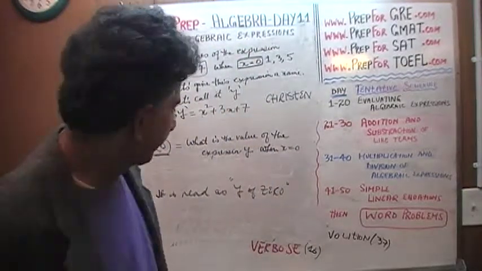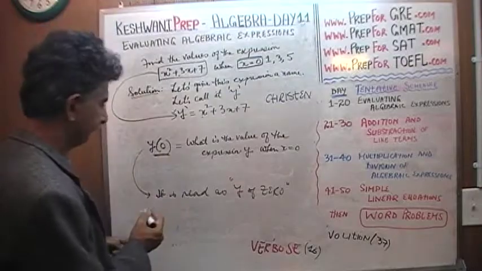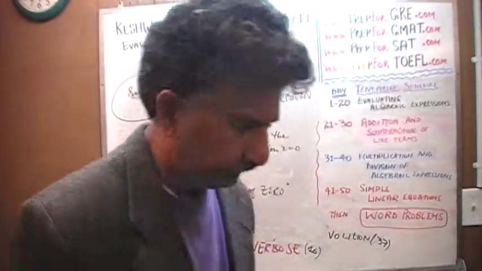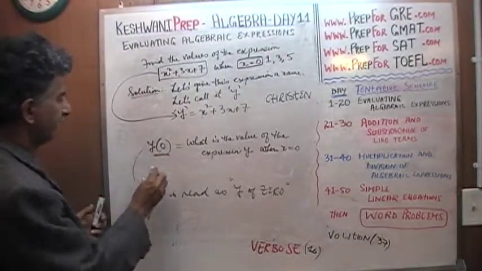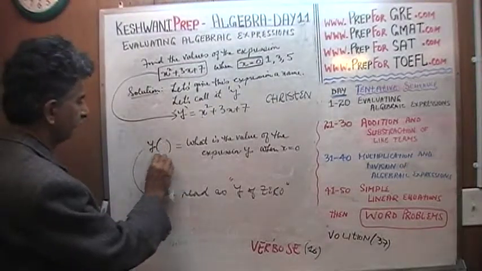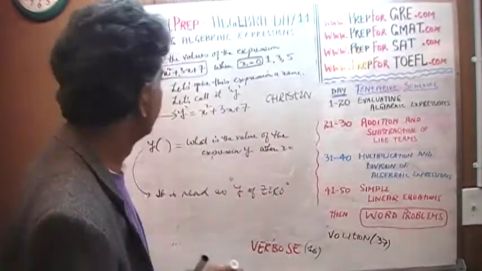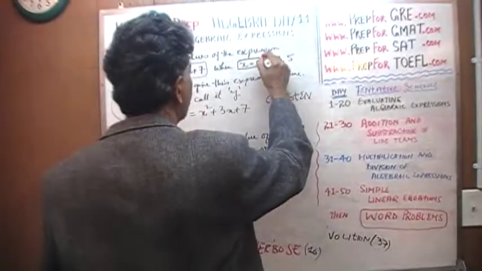Let's do it. It is read as y of 0. Later on, after we finish doing that, we're going to do this, in a different color. Next we have to do this.